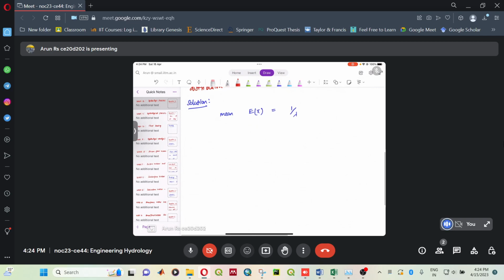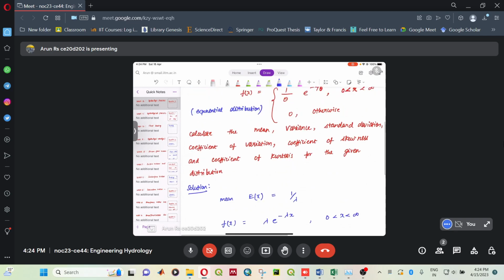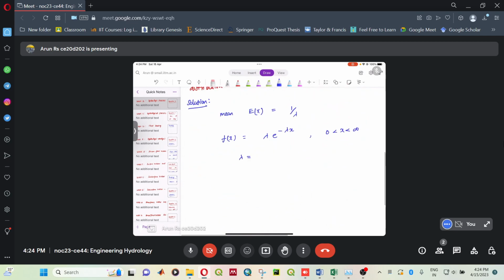And if we compare the given PDF with this representation, we can find out lambda is 1 by theta.